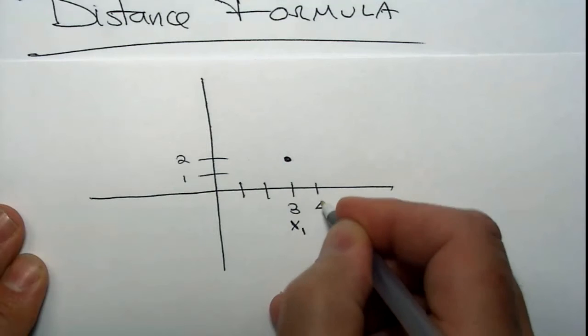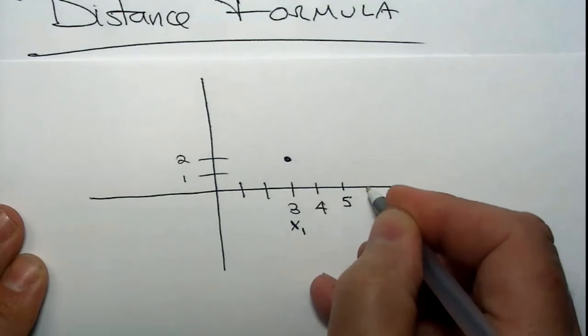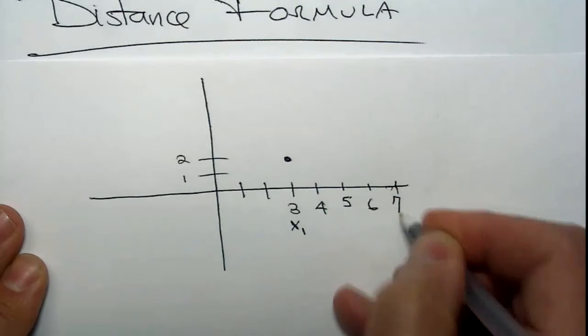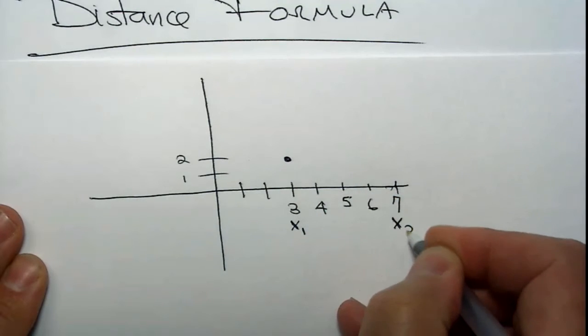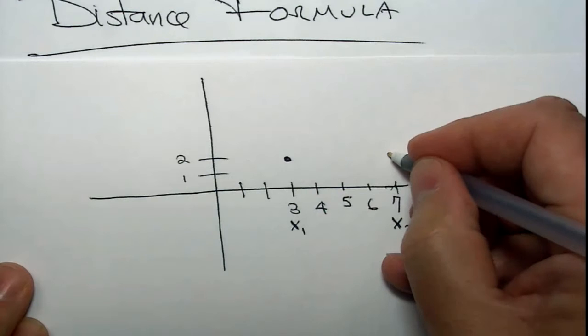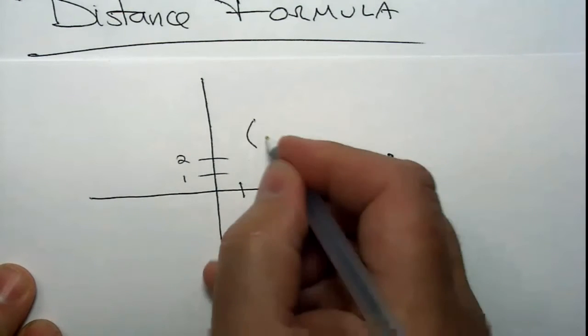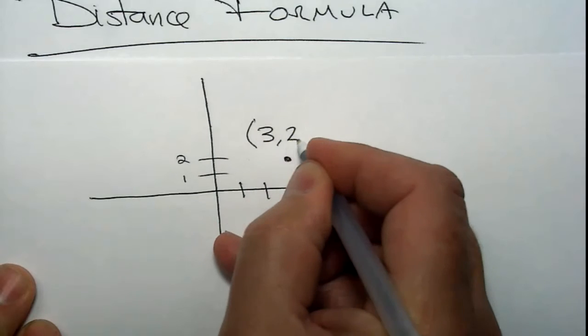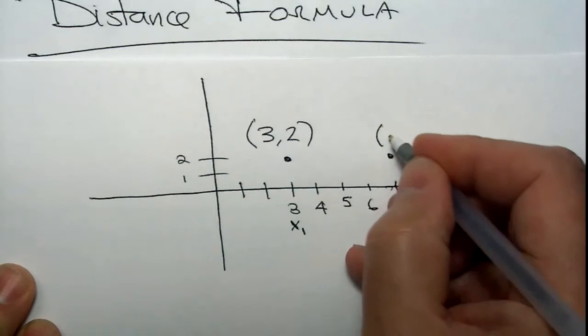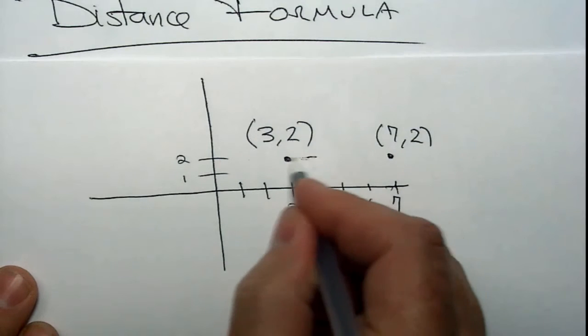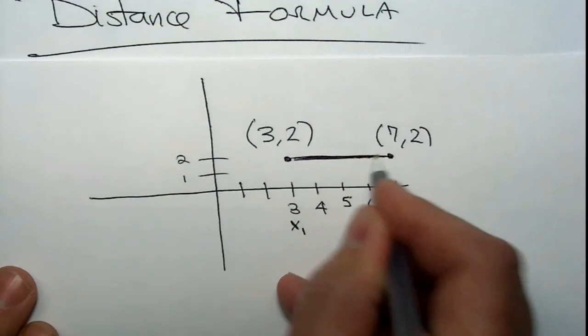Let's march over here to 4, 5, 6, all the way out here to 7. Let's call that x2. And then let's place a point here. So let me call out the coordinates of these points. This is 3, 2, and this is 7, 2. So the real question is, what's the distance between these 2 points?